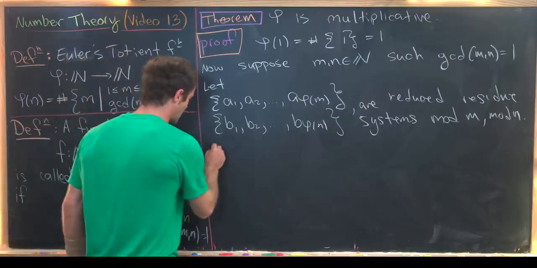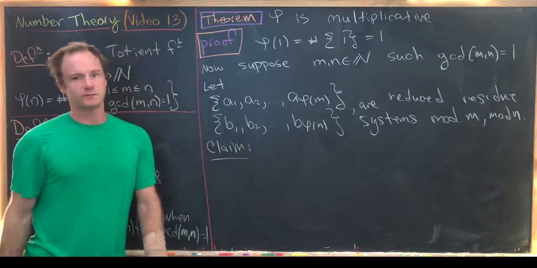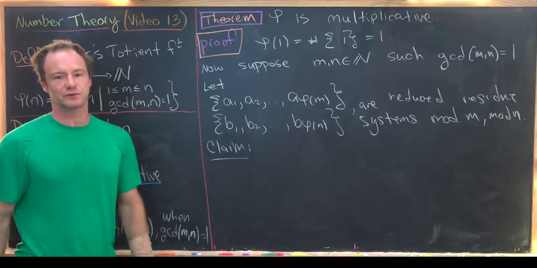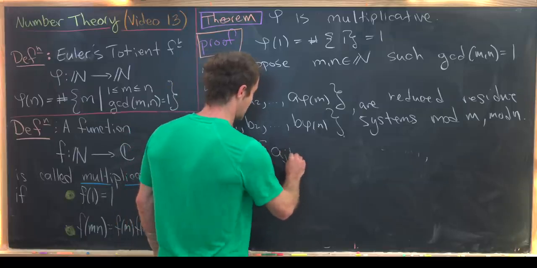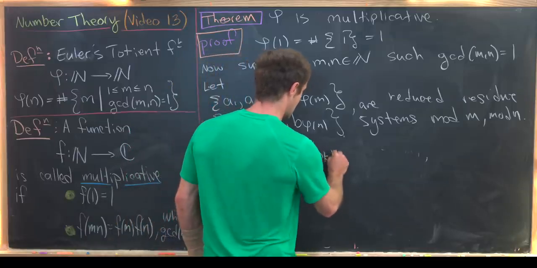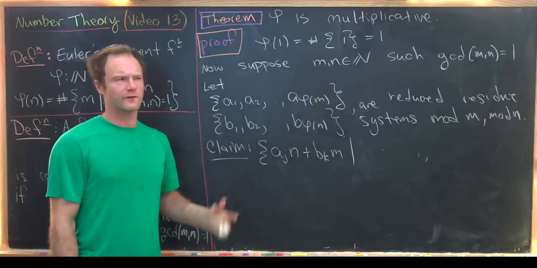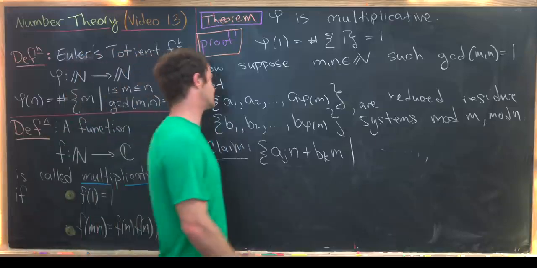And now we're going to prove the following claim, and this following claim will actually pretty much finish this proof off. So the set of linear combinations AJN plus BKM, as J and K run over the appropriate indexing sets, so we get everything from these two sets.